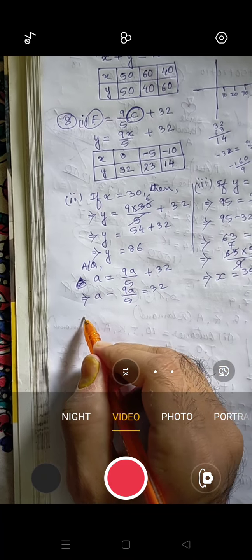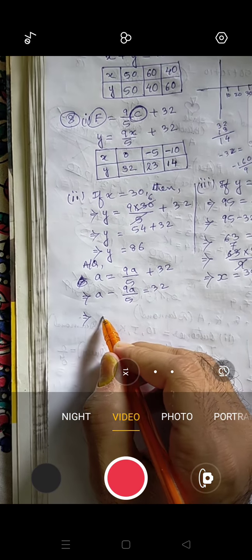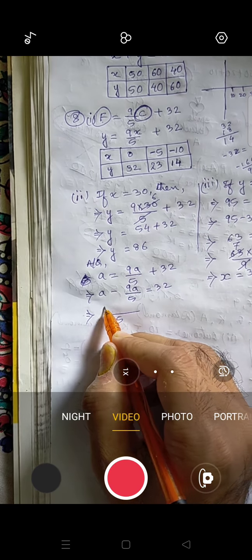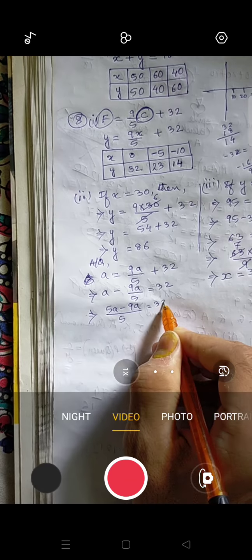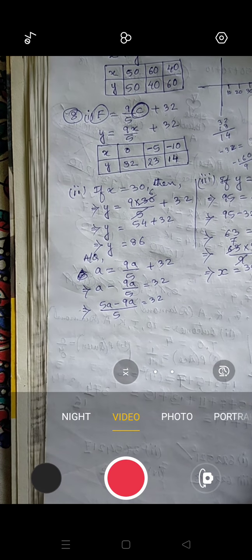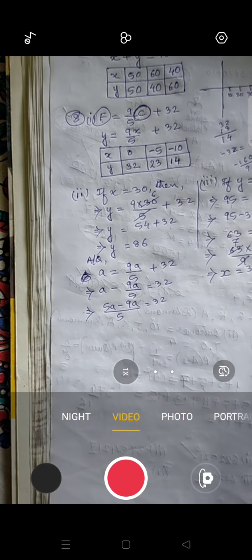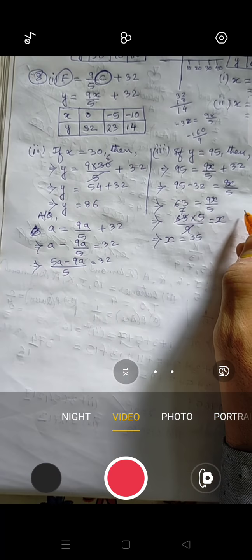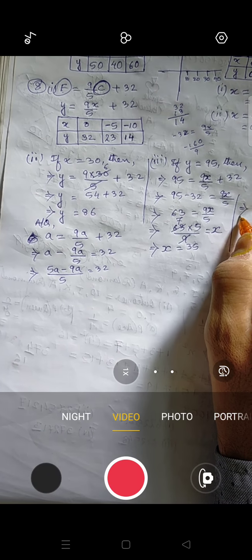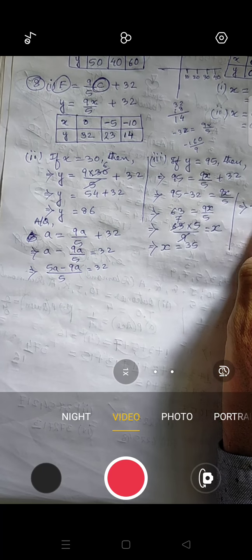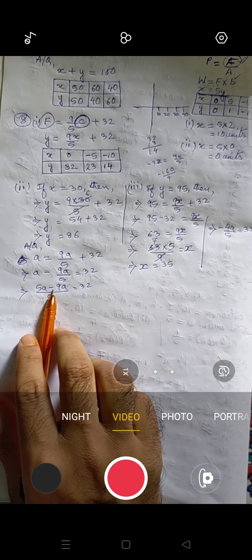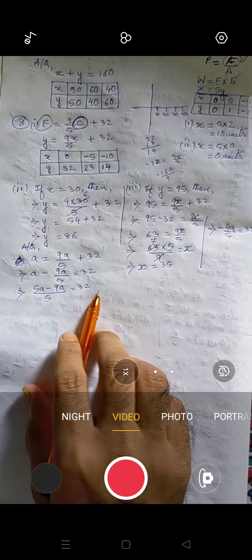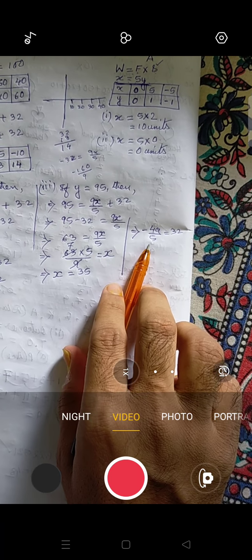Now you have to take the LCM, which is 5. So 5A minus 9A equals 32. Now if you subtract, you will have minus 4A by 5 equals 32. I have written here. Clear?